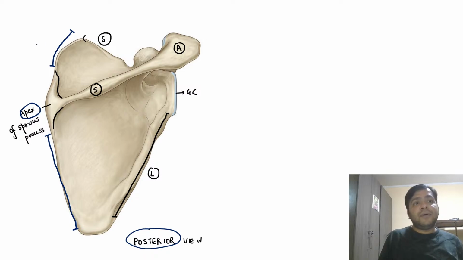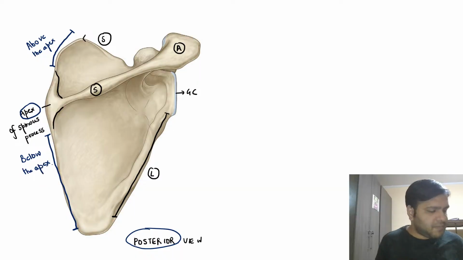Apex, above the apex, this upper part, and one below the apex, the lower part, below the apex of the spinous process, right?